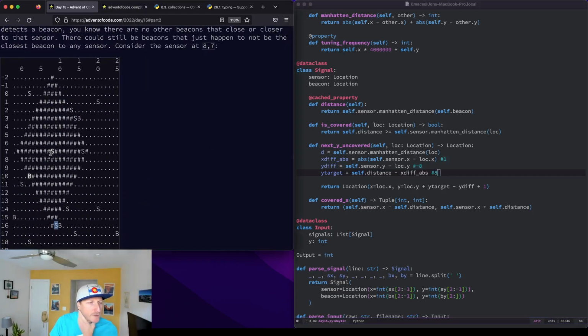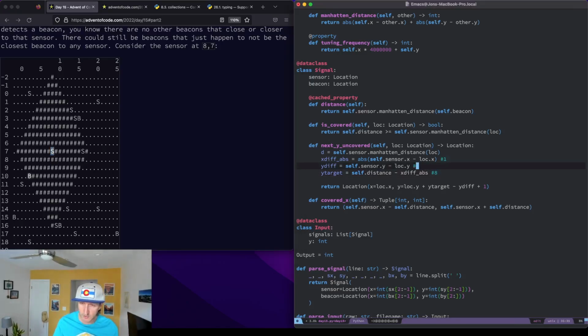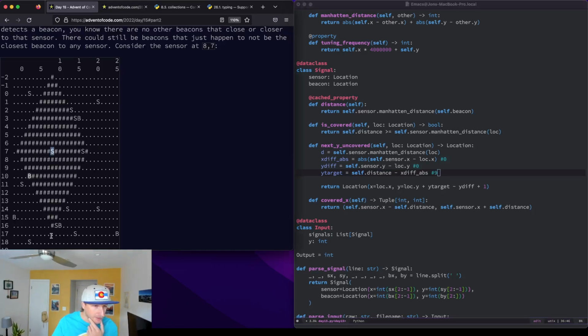What if our location x is actually on the sensor? So we have a beacon, we have a distance of 9. The y diff is going to be 0, the x diff is going to be 0, and the y target is going to be 9 minus 0, so 9. Then we move the y location, so 7 plus the y target is 9 plus 1.